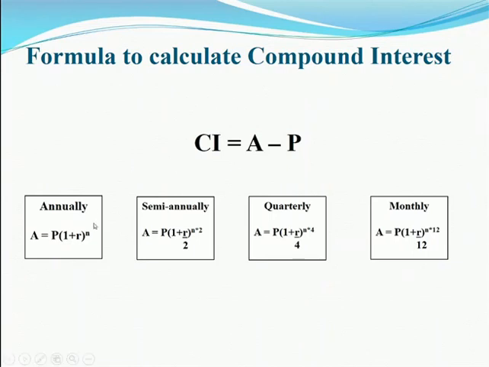So if compound interest is calculated annually, this is the formula to calculate A, that is the future value. Because once you know the future value, based on that you can calculate the compound interest.